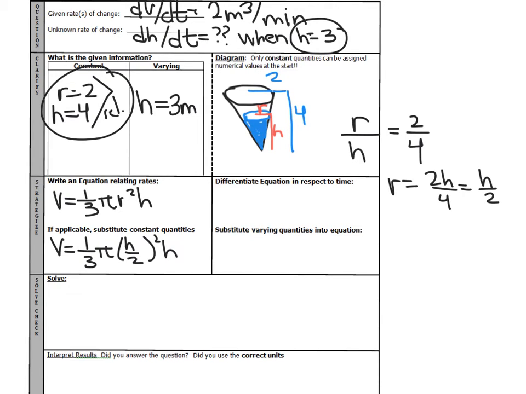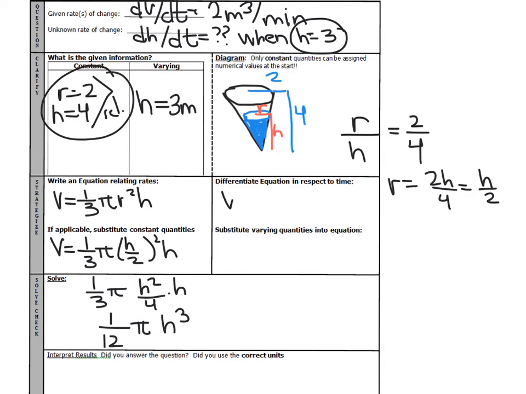So now we're going to take the derivative of this function. Before I do that, I should maybe clean it up a little bit. And so I get 1/3 pi, and this is h squared over 4 times h, right? So actually I get 1 over 12 pi h to the third. That will make it quite a bit easier to take the derivative.